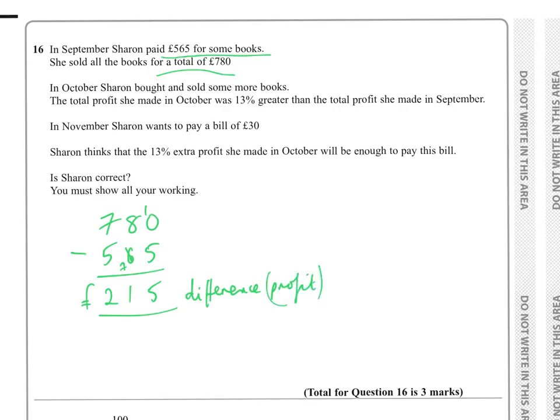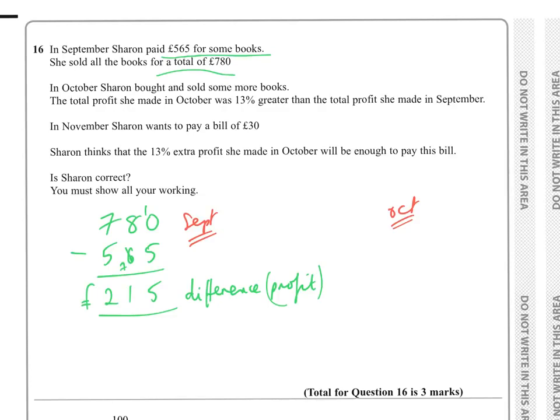In October, so this is September, so in October Sharon bought and sold some more books, and the total profit she made in October was 13% greater than the total profit she made in September. In November, Sharon wants to pay a bill of £30. Sharon thinks that the 13% extra profit she made in October will be enough to pay this bill.